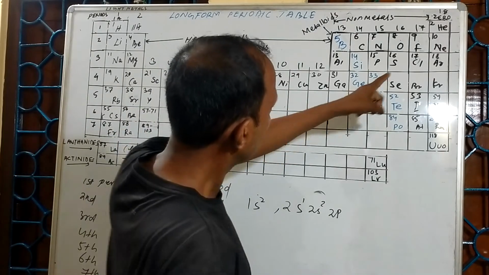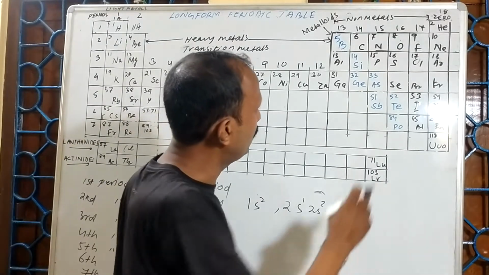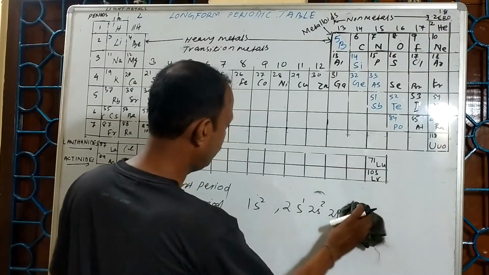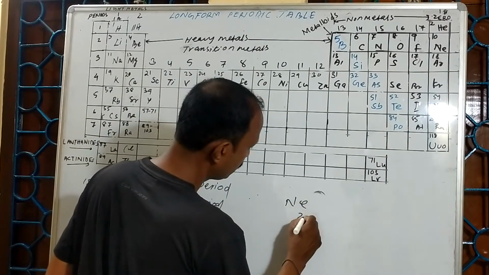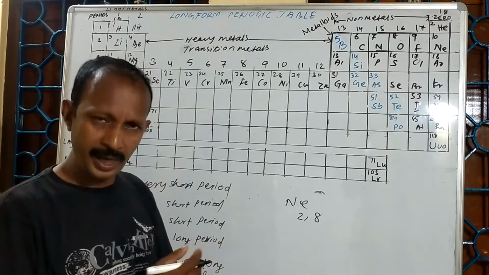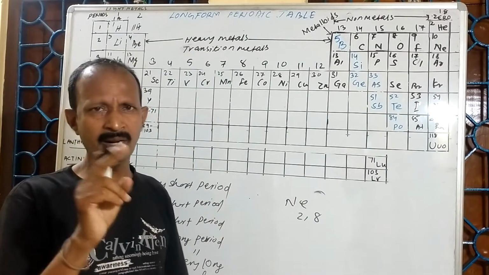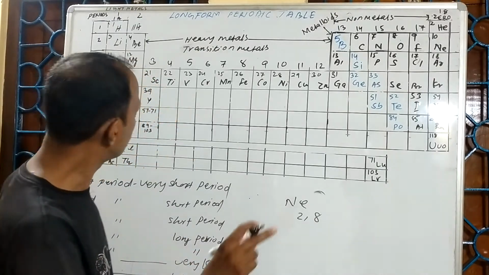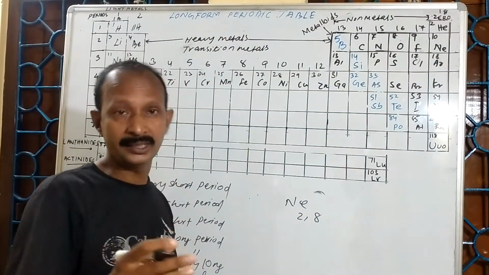See here written neon. Neon means atomic number 10. I can write it better as 2, 8, which means the maximum number of electrons in this cell is 8. So it contains 8 elements.